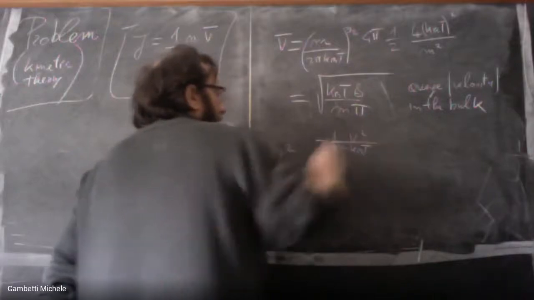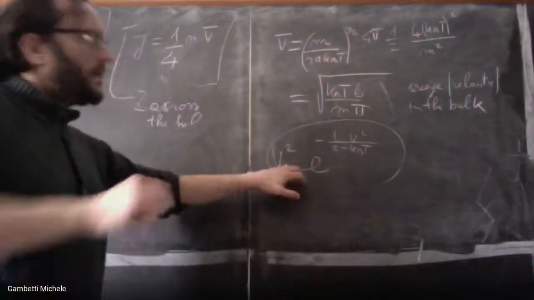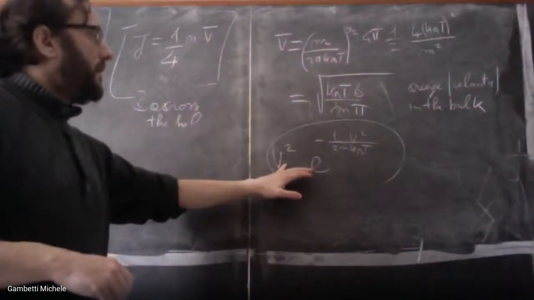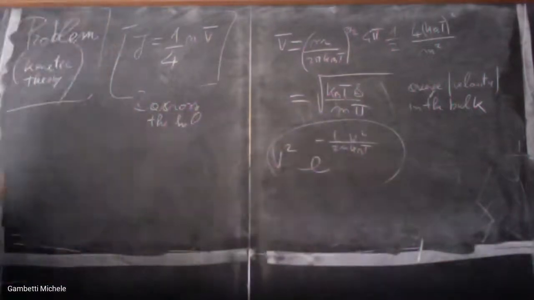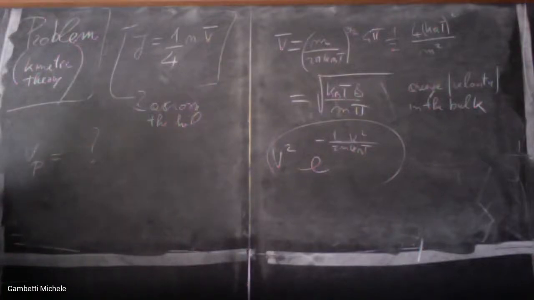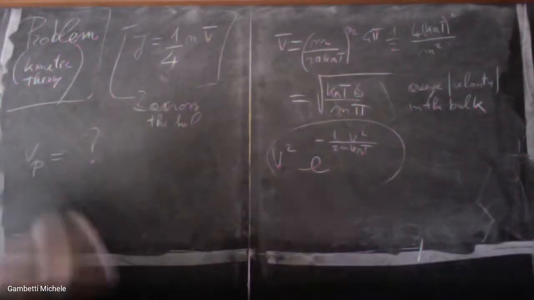There is a factor of v squared here that makes this Gaussian asymmetric, and then you can try to compute, and we will do it next time, the value of the velocity having the maximum probability.